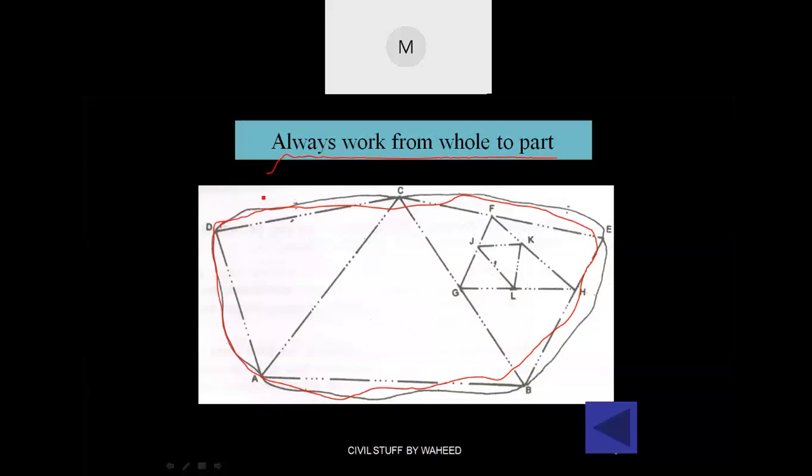Whole to part means what? From the outer surface to the interior, you have to come like this. Means first of all, you have to fix these points: A, B, like that. Every nomenclature, means names of those main stations, we call as control points. What is the purpose of control points?